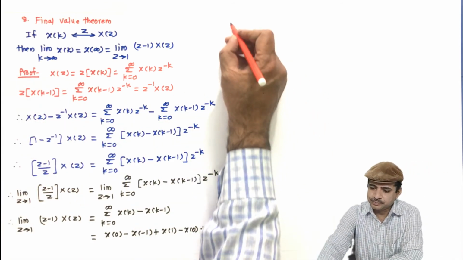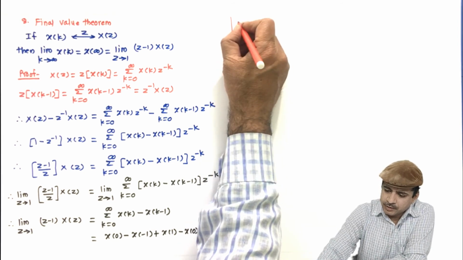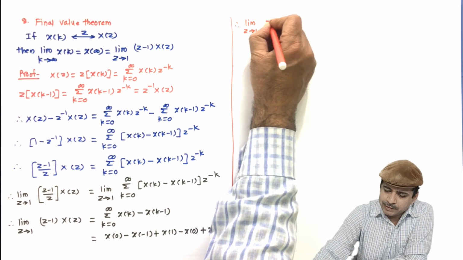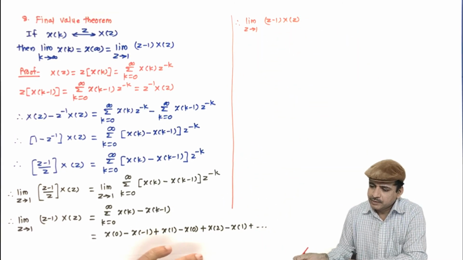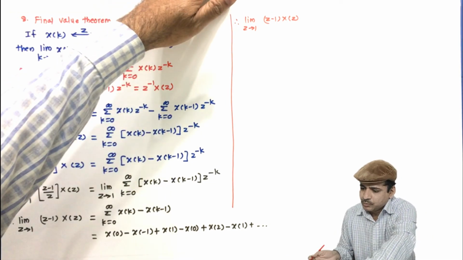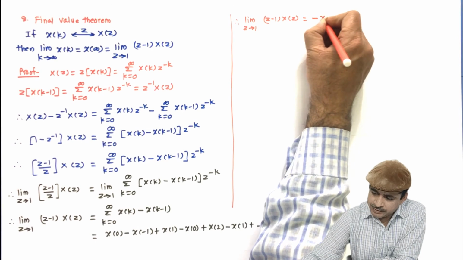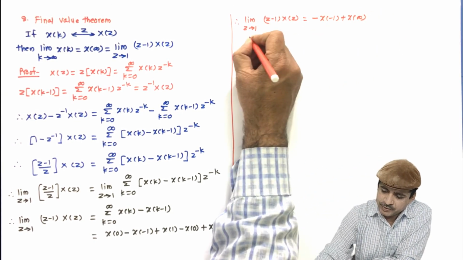So I will do it here. Limit z tends to 1, (z minus 1) X(z), this will be equal to minus x(minus 1) plus x(infinity).